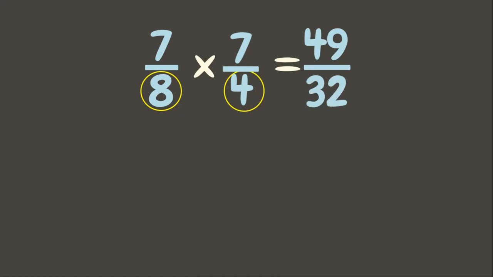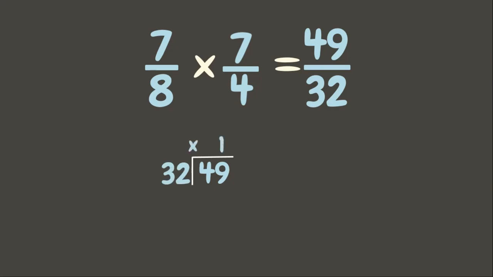Since our answer is an improper fraction, we need to change this into a mixed number. 49 divided by 32. 1 times 32 is 32. 49 minus 32 is 17. Now our answer is 1 and 17 out of 32.